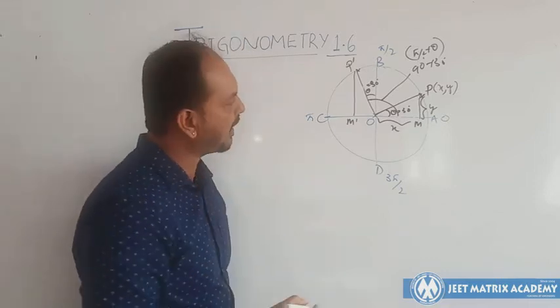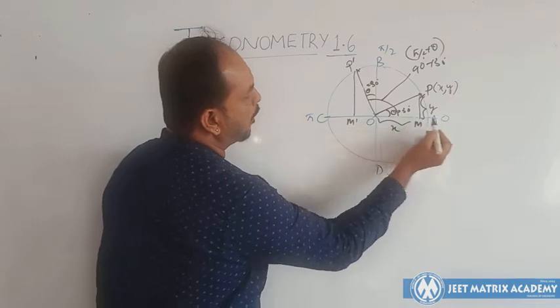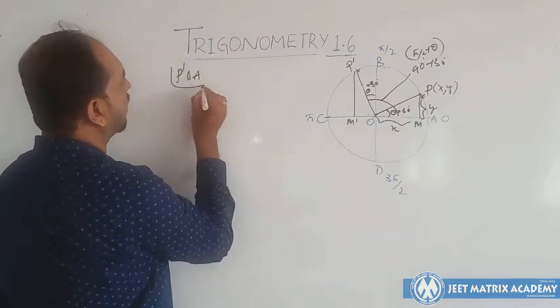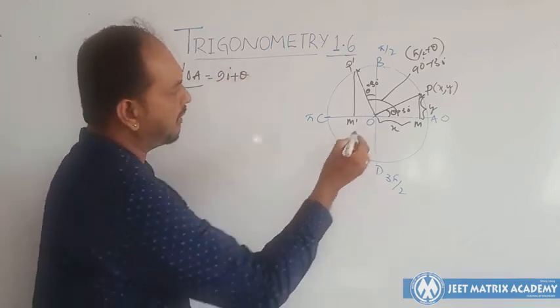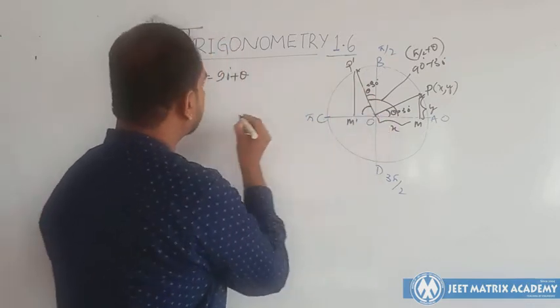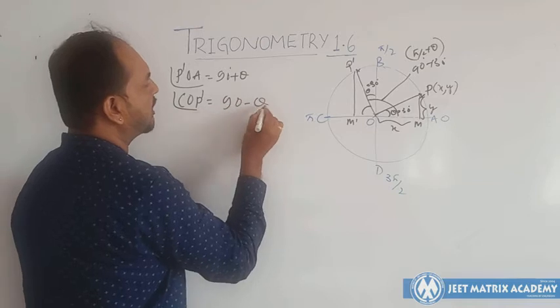Now the interesting factor. Angle P dash OA is how much? 90 plus theta. Everyone agree? So what is angle CO P dash? It should be 90 minus theta.